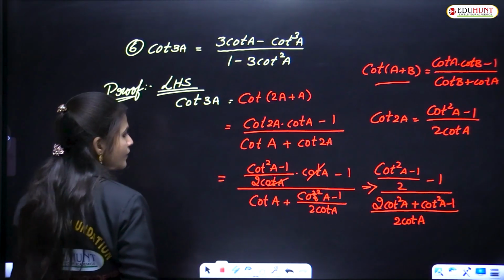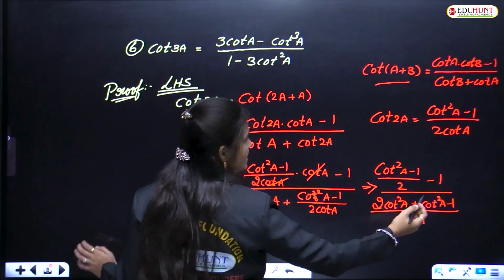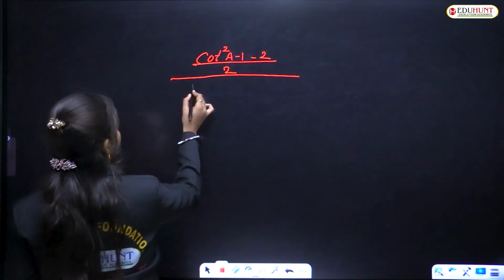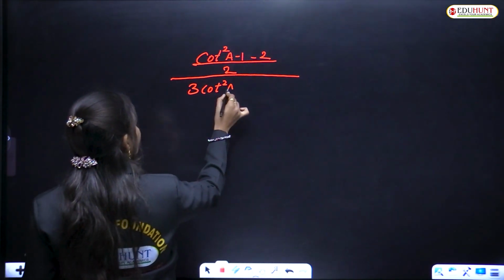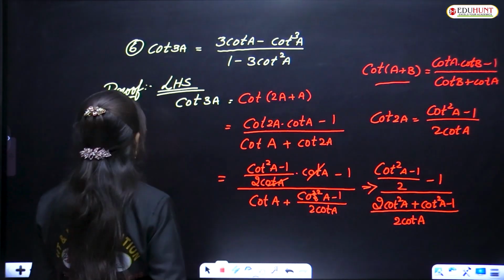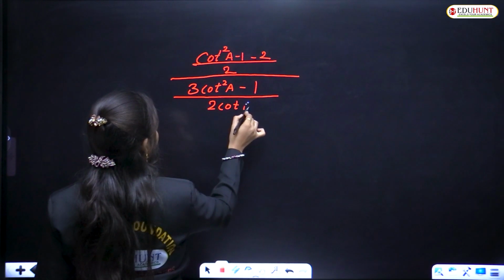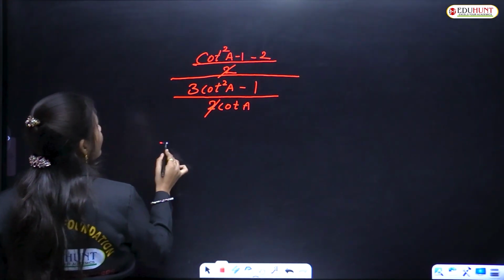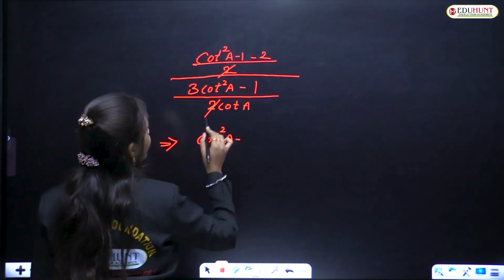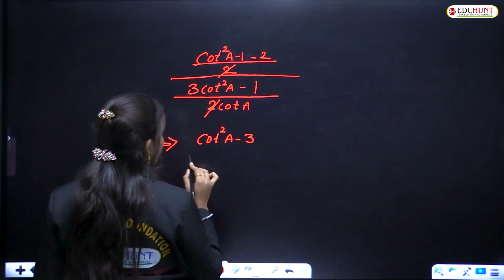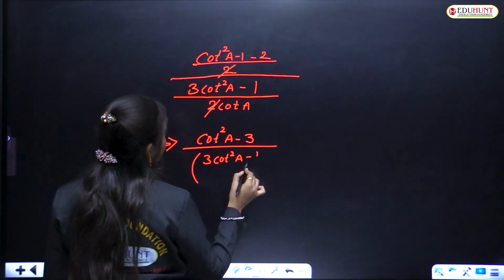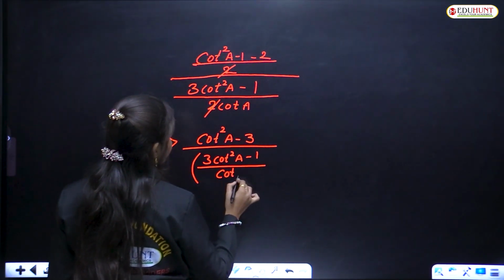Here we have 2 cot square A plus cot square A equal to 3 cot square A, so 3 cot square A minus 1, whole by 2 cot A. Here 2 and 2 get cancelled. Now we can write this as cot square A minus 1 minus 2, which is equal to minus 3, whole by 3 cot square A minus 1 by cot A.